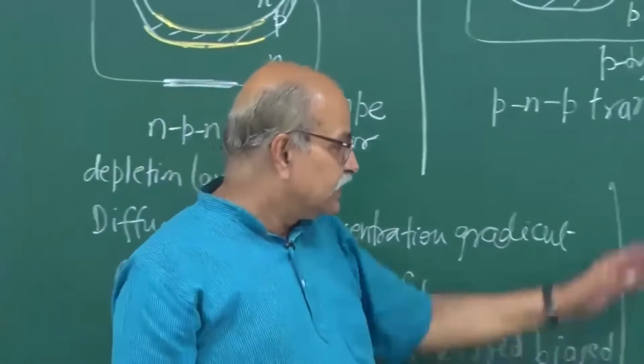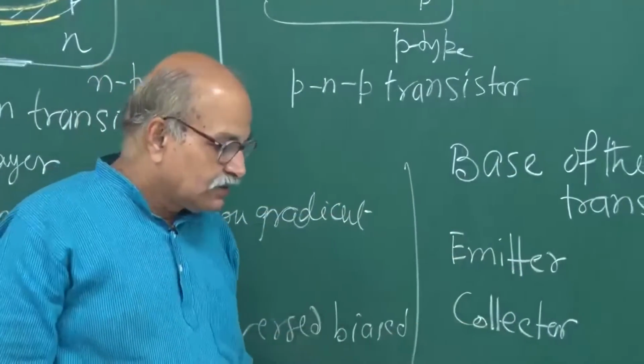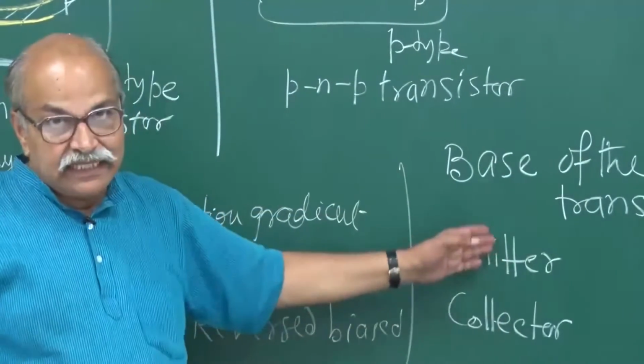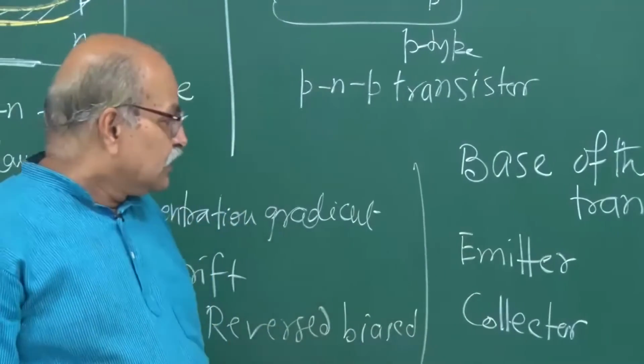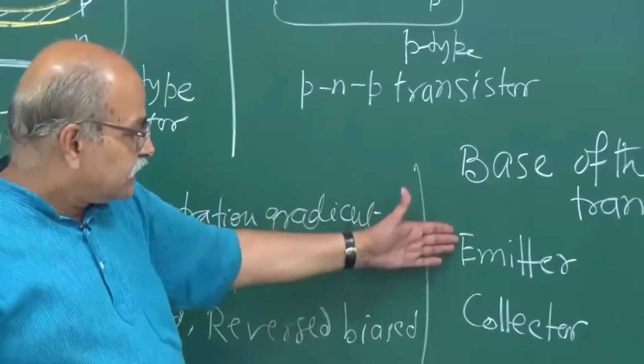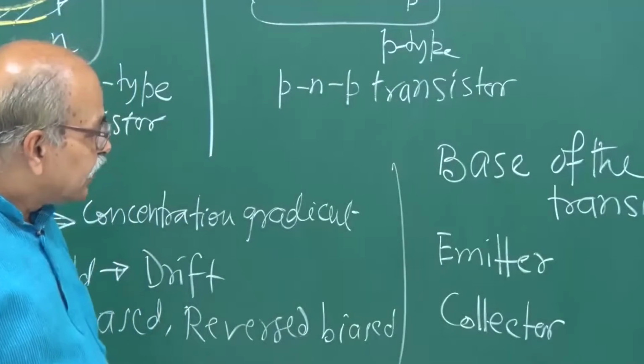What is the difference between these three? This is of course sandwiched, but these are on the two sides, and of the same kind, n-type or n-type, but there is still a difference. Three things are there, and each will have different characteristics.